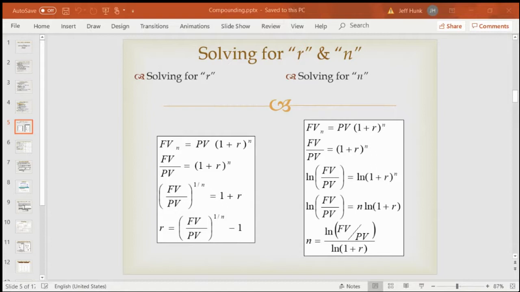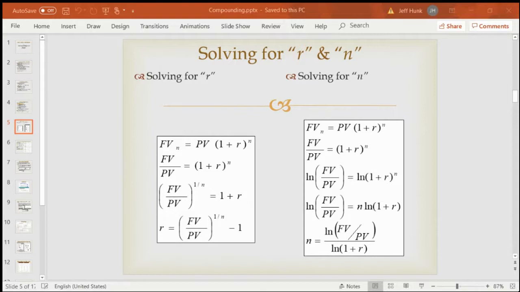So our unknown is n. Now this is a problem. We can't isolate n immediately or directly because n is an exponent. And how do you solve for an exponent?